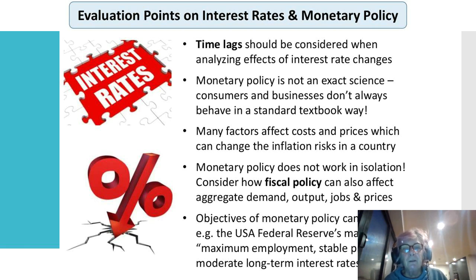Often governments will use monetary policy alongside other policies as well to try and impact aggregate demand in the way that they're trying to. And the other thing is that the objectives of monetary policy can change. And so the way that monetary policy is used needs to change carefully with that as well. And it needs to change at the right time. And we've already said that that can be difficult.